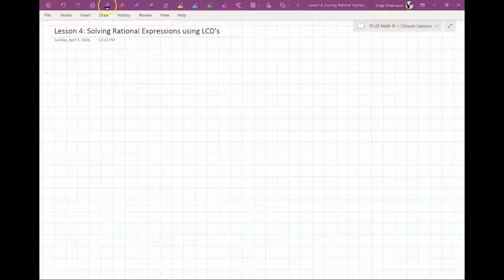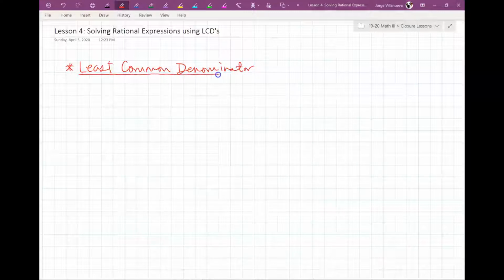Okay, so just like what I told you guys in the last lesson, to find the least common denominator, what you're going to want to do is just multiply the denominators together.